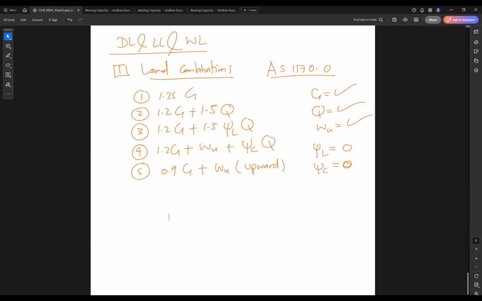Isn't that just from the table? Yep. And then it just depends on what place you have. But I will give it to you if needed. So if it is a roof, it is 0. If the roof is non-accessible or inaccessible, this means nobody goes to it, so epsilon L and epsilon C for this case is 0. Otherwise it will not be.